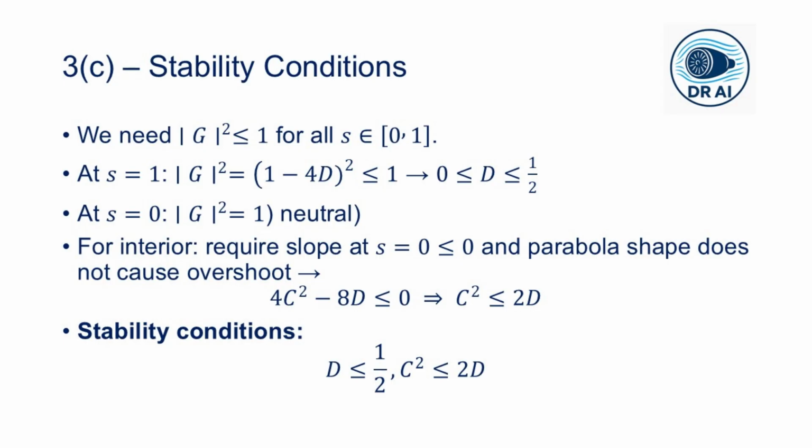So we require 4c square minus 8d to be less than or equal to 0, which is c square less than or equal to 2d. Now this condition, together with the earlier condition that the diffusion coefficient must be less than or equal to half, guarantees that the quadratic is maximized at an endpoint, and thus the modulus of the amplification factor g squared must be less than or equal to 1 for all values of s.